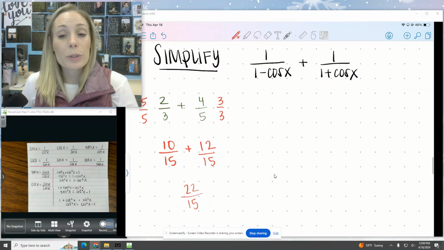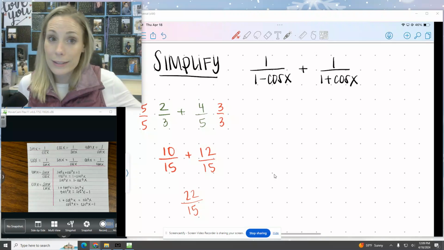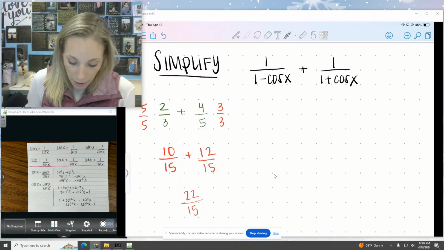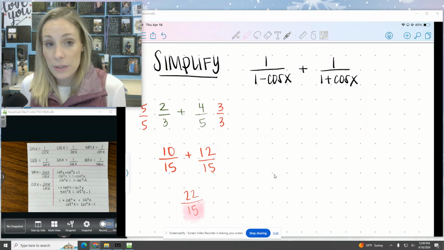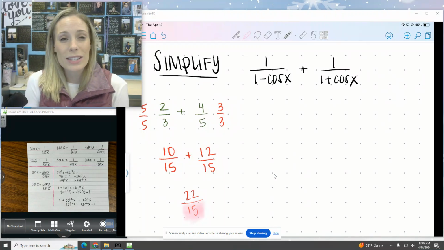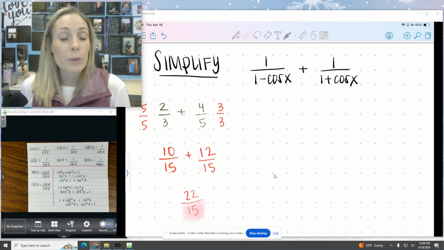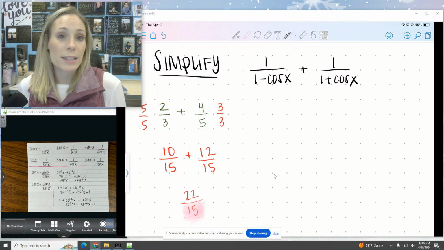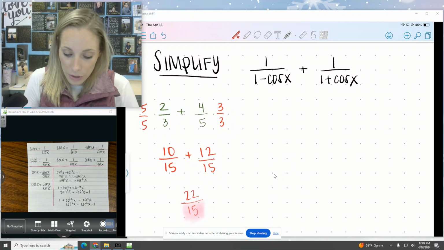One thing I want you to remember from adding fractions long, long ago: after you get that common denominator, that is your new denominator. You're not doing 15 plus 15. 15 is the new denominator, telling you the size of the pieces. And that's the same thing when you start finding common denominators with things that have x's or cosines in them. Okay, so that was our side journey.